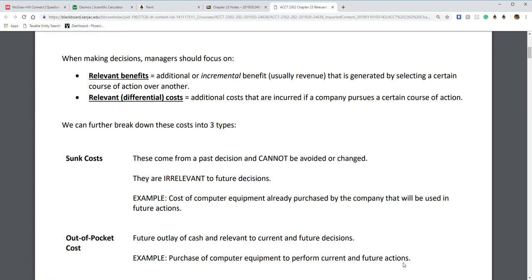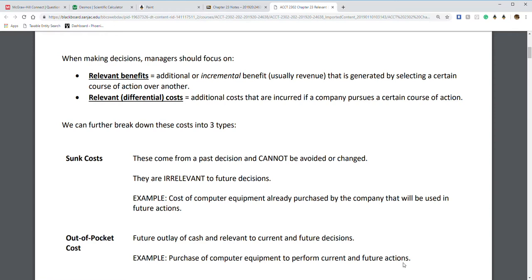It's what we generate by selecting a certain course of action over another. So, is it good? Is it bad? Will it give us more money? Will it not give us more money? We're going to have to figure that out. And then there are also relevant costs. These are additional costs that are incurred if a customer pursues that course of action. So again, incremental costs that can happen for this action.